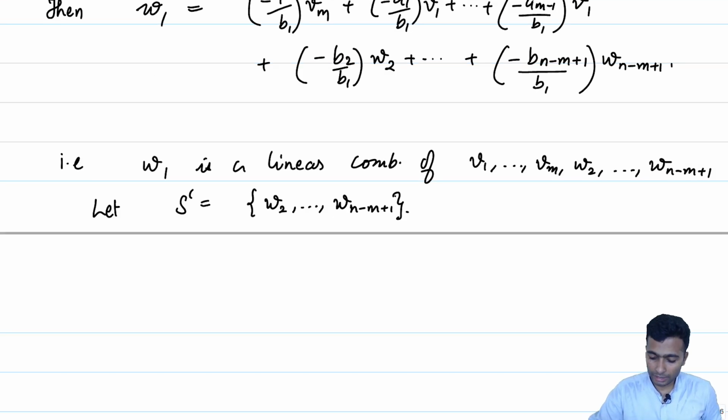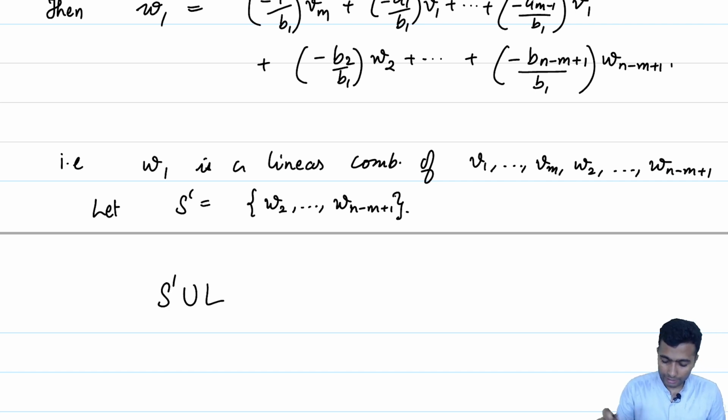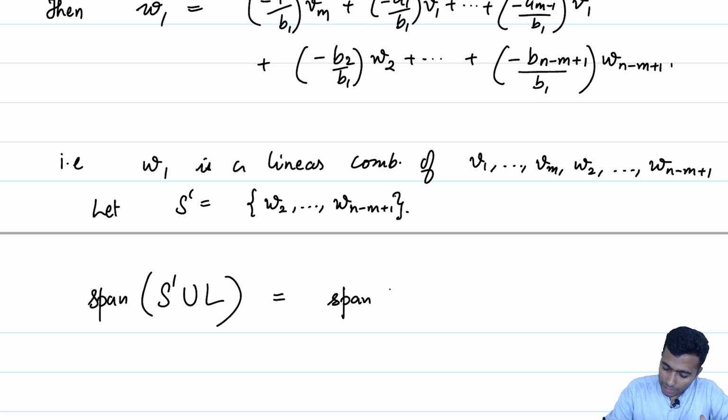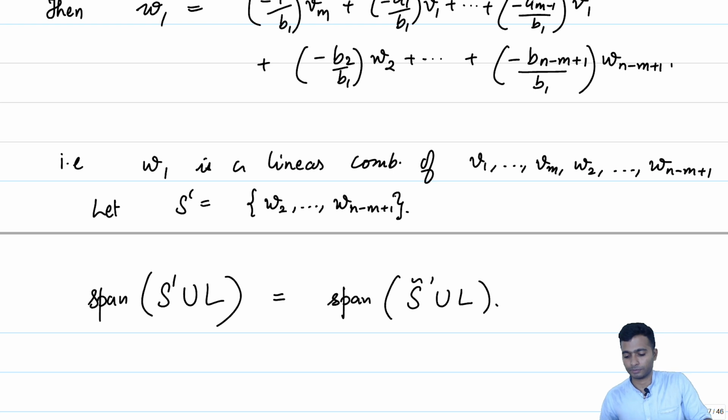Then let us try to see what is the span of S prime union L. S prime union L has the same span as, my first claim is that this is S tilde prime union L, because W1, if you notice, is in the linear span of V1, V2 up to Vm, W2 up to Wn minus m plus 1, and by using a theorem from the previous video, because W1 is in the span, the set is linearly dependent and the span after removing it is preserved, right.